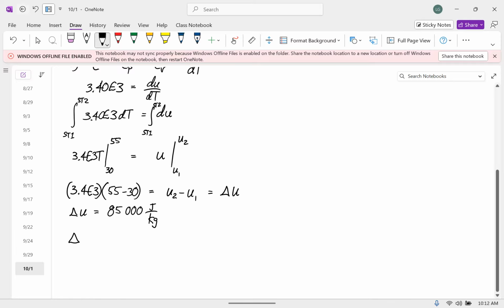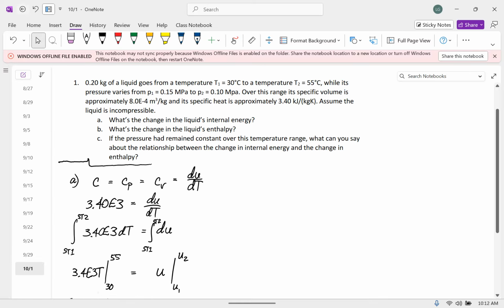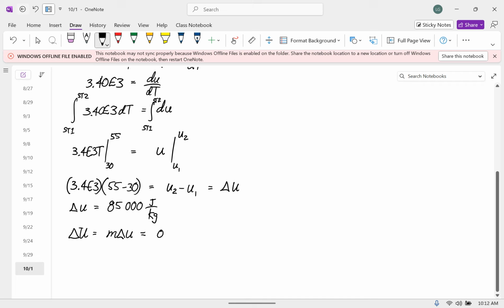So the change in the true extensive internal energy is just the mass times the change in the specific, which is 0.2 times 85,000, which is 17,000. And this is in joules.